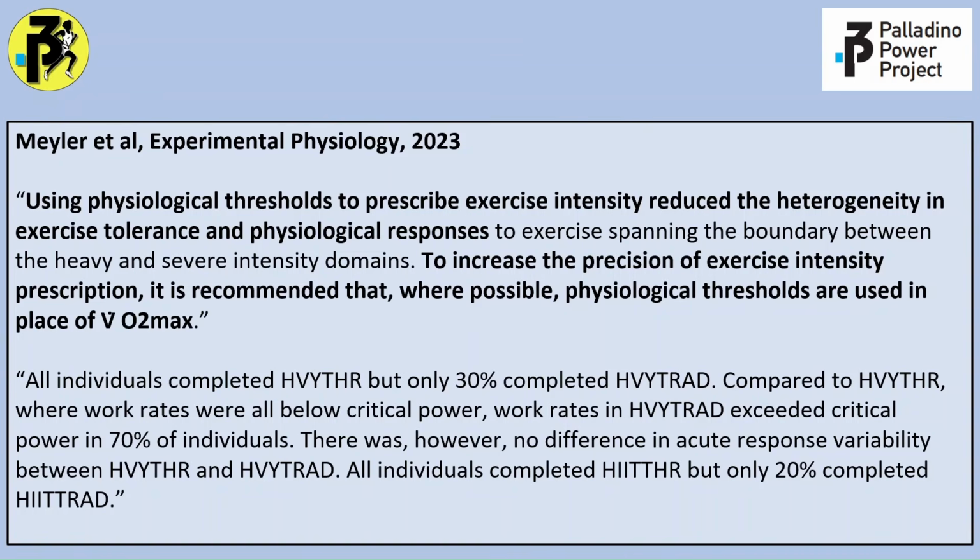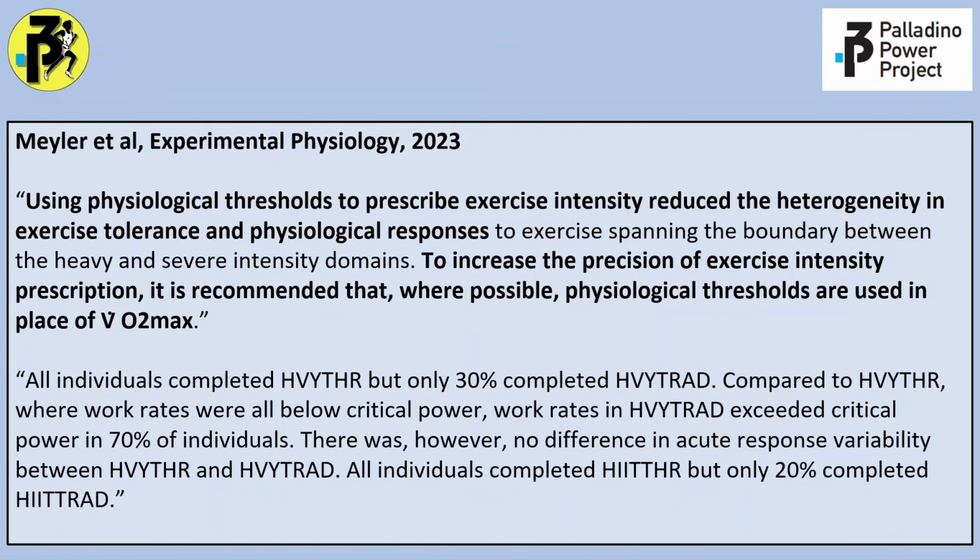It goes on to say that to increase the precision of exercise intensity prescription, it's recommended that where possible, physiologic thresholds, i.e. markers for the first and second phase transitions, are used instead of VO2 max or a max marker.